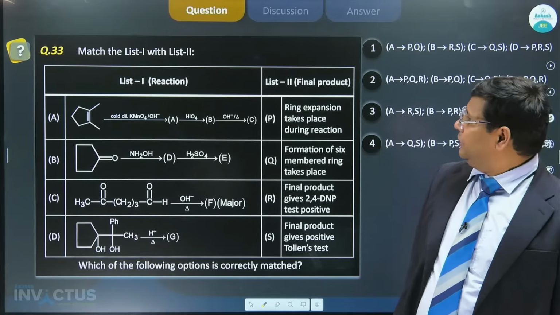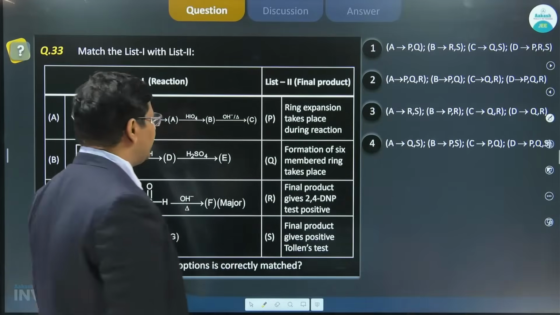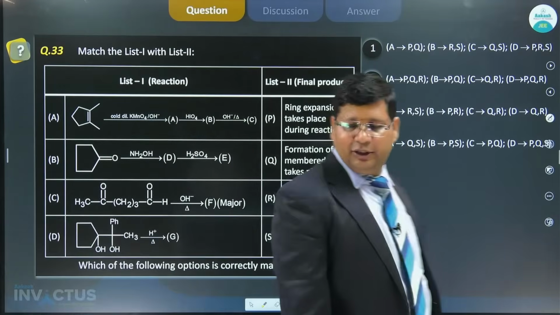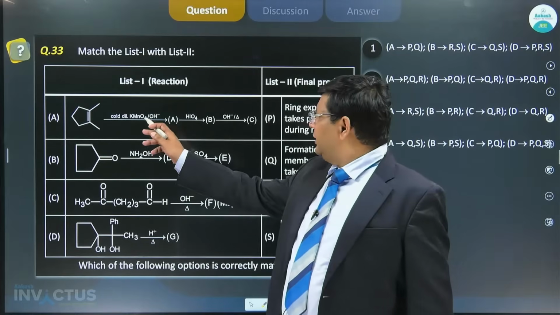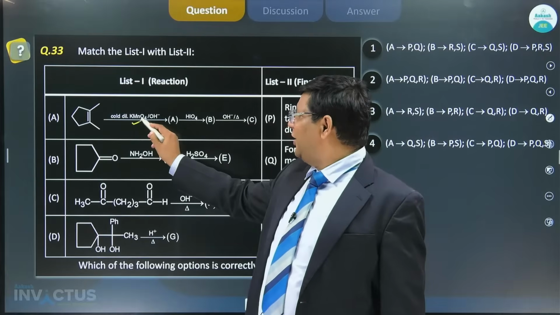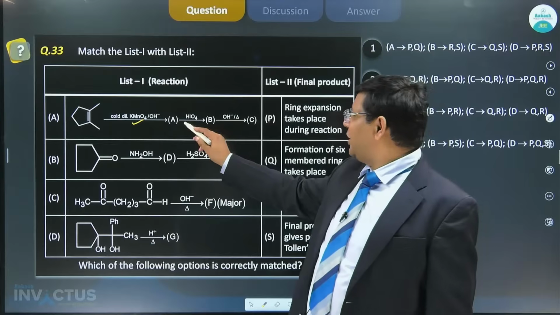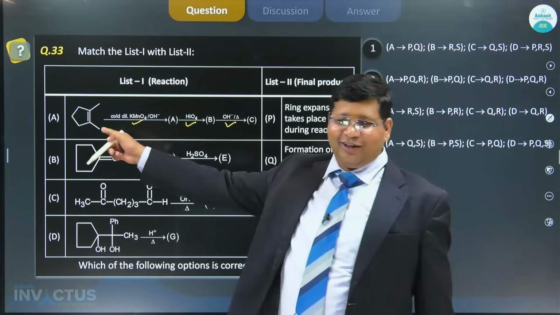Next is a matrix match, where there are several reactions we have to solve. There are many reagents used in this question. Cold dilute KMnO4 with a diene gives a syn-diol. Syn-diol formation is followed by HIO4 oxidation, and then OH minus and heating, which gives a product of aldol condensation.